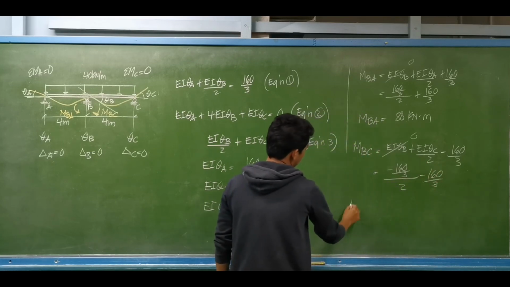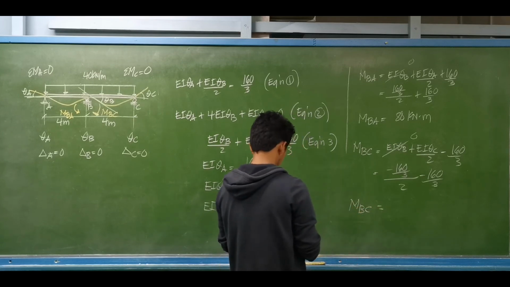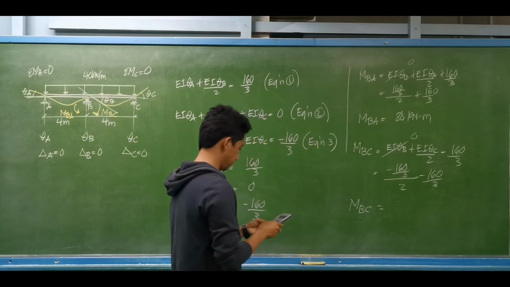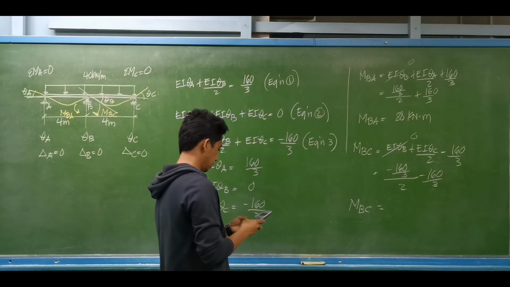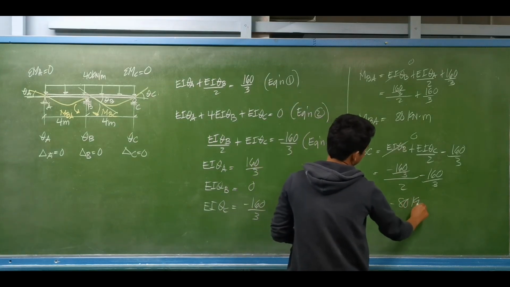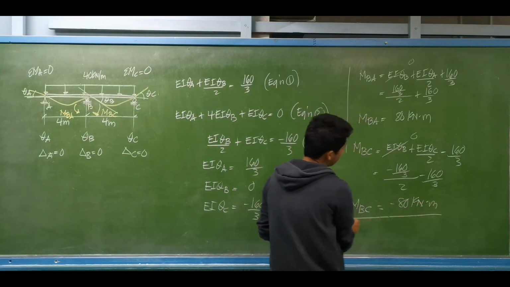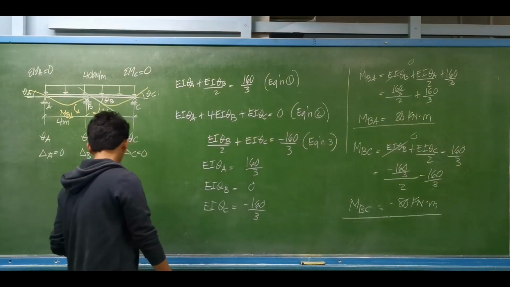So this will be the equivalent for moment BC. It's the same as negative 80 kilonewton meter. As you can see, numerically equal but opposite in sign.